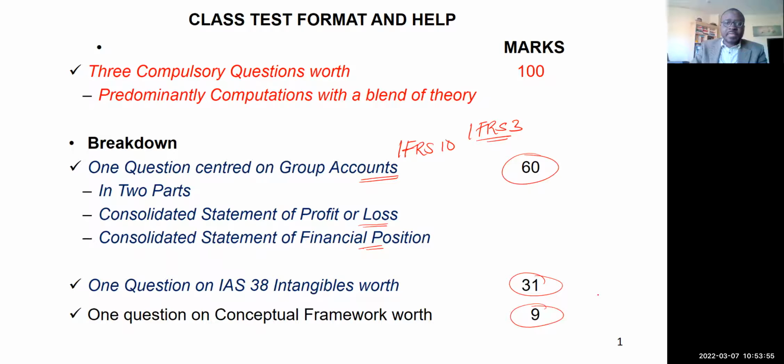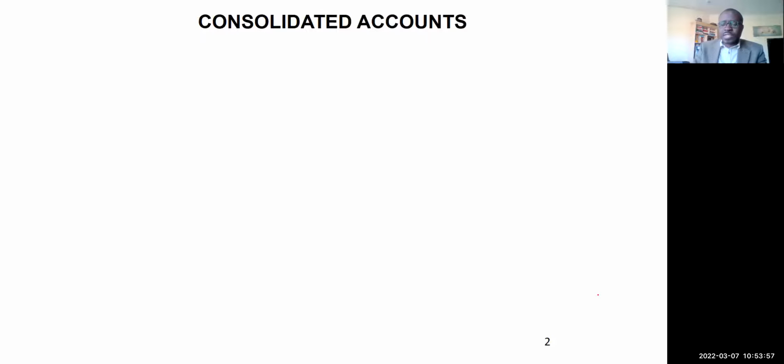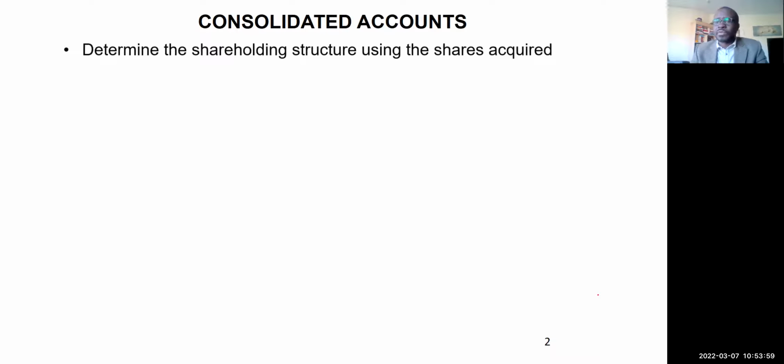Let's move on. So on the consolidated accounts, what are we supposed to do? Normally, the questions will tell you that the parent owned 40%, 70%, or 80%. Here, we will not give you the percentage holding. You must determine the shareholding that has been acquired.